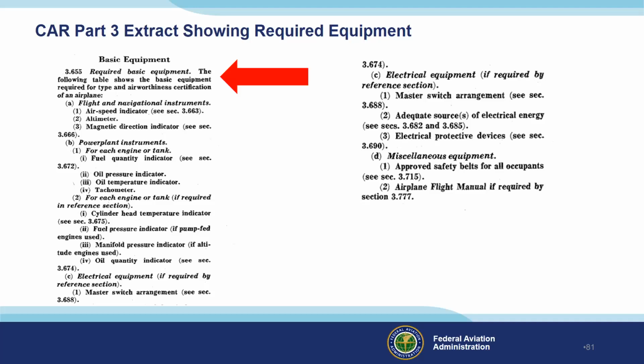The airplane could not be flown without this equipment unless a ferry permit is issued, because the aircraft is not airworthy with any of this equipment missing.